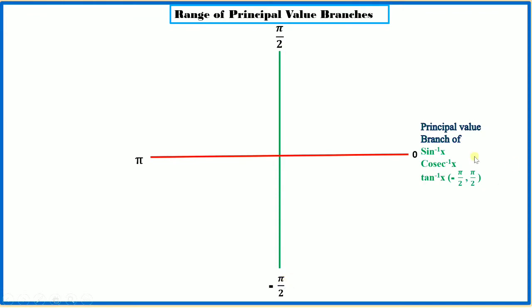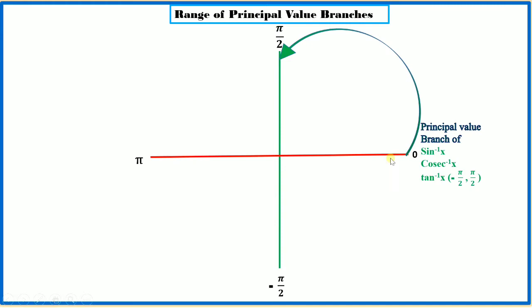That means whenever you are solving these questions, sine inverse, cosec inverse, tan inverse, you will be taking care of this minus pi by 2 to plus pi by 2. It means whenever you have an angle, that angle must fall between this first quadrant and this fourth quadrant.